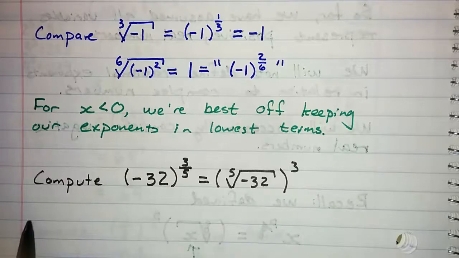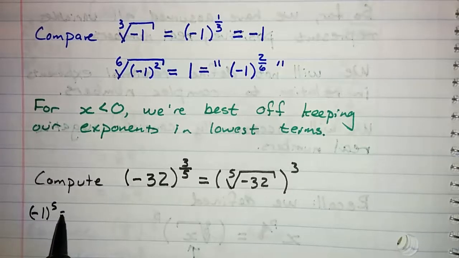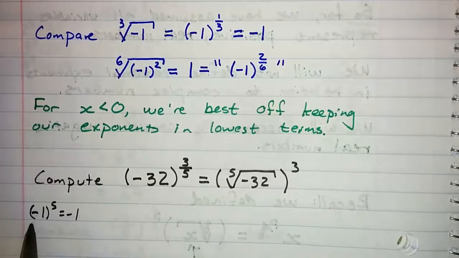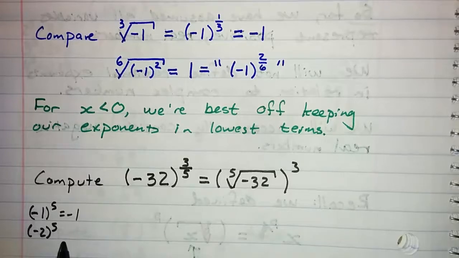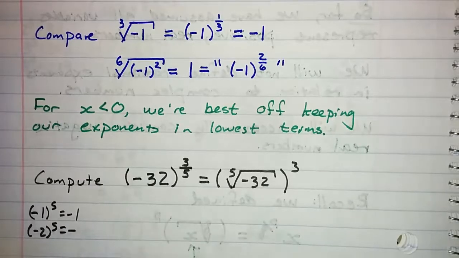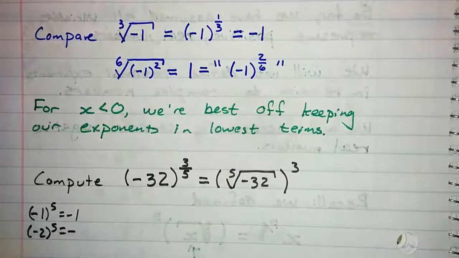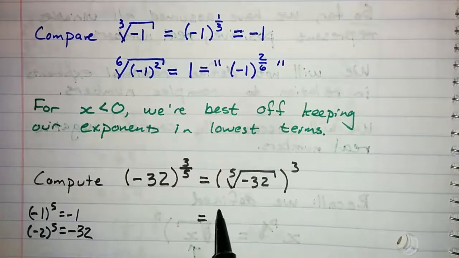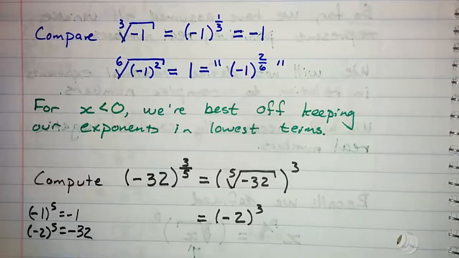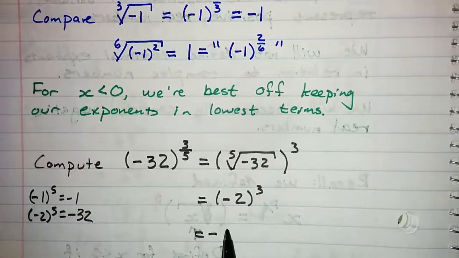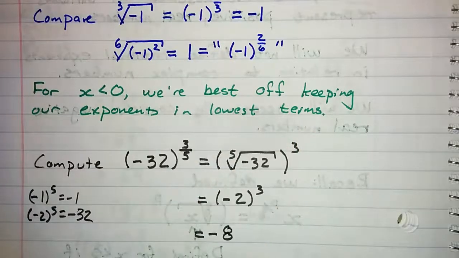Let's take some 5th powers of negative things. -1 to the 5th is -1. -2 to the 5th will be -2, 4, 8, 16, 32. There we go. So we'll have -2 to the 3rd, and that'll be -2, 4, 8. So we get -8.